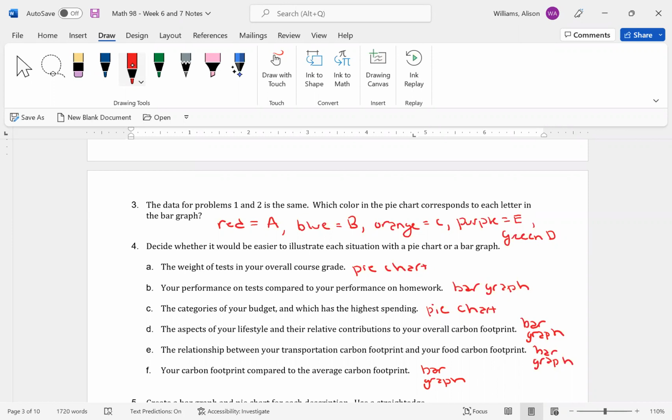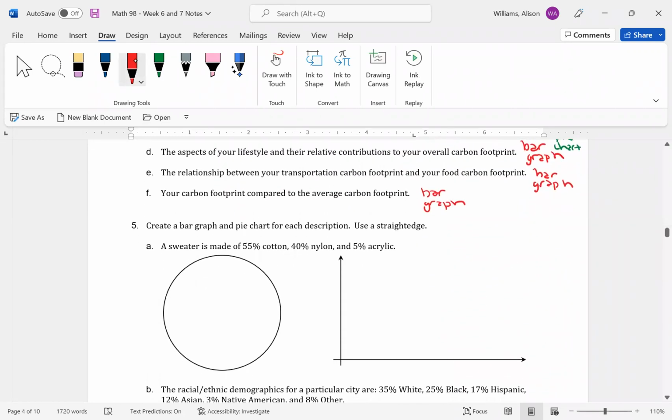So it might make sense to say pie chart for part D. So here, I'm going to put or pie chart, because I think you could say there's an argument in place to say that it would work a little bit better now that I'm rereading that question and comparing it to the other two.